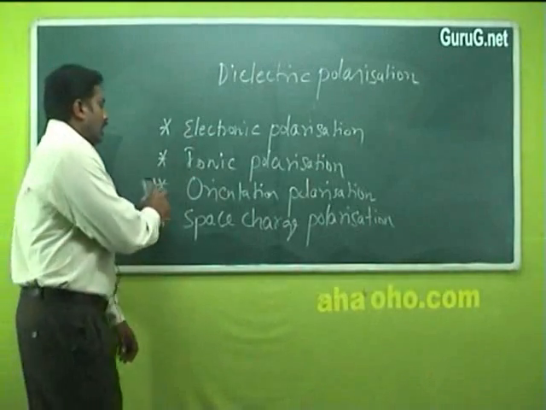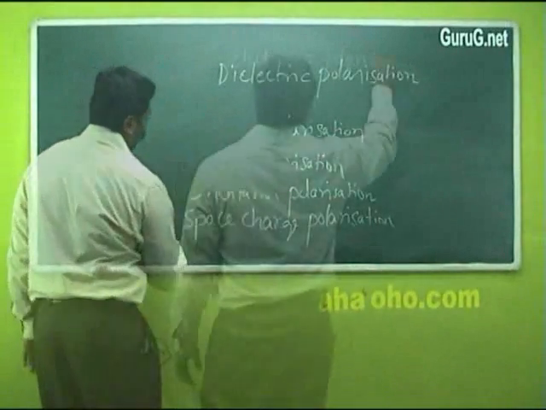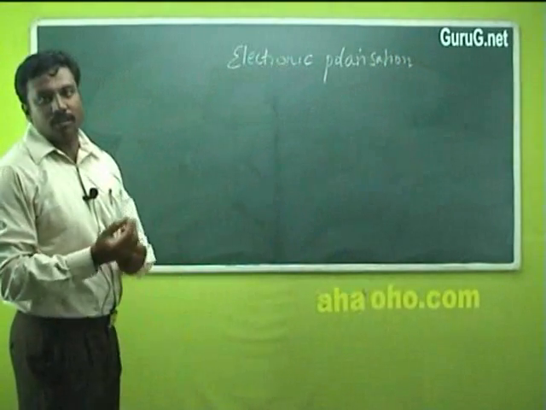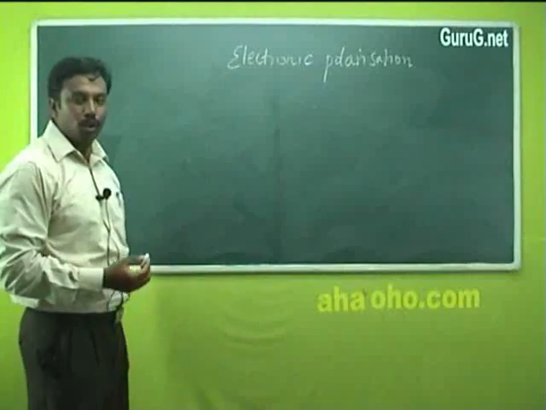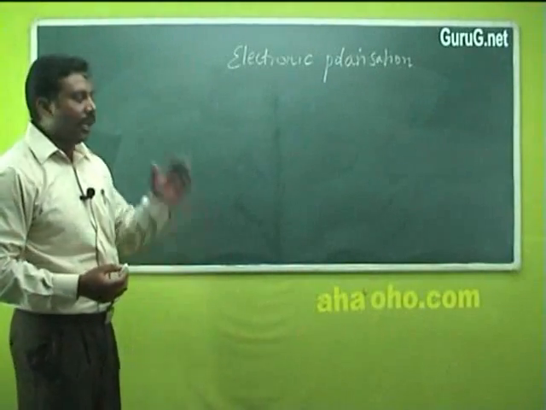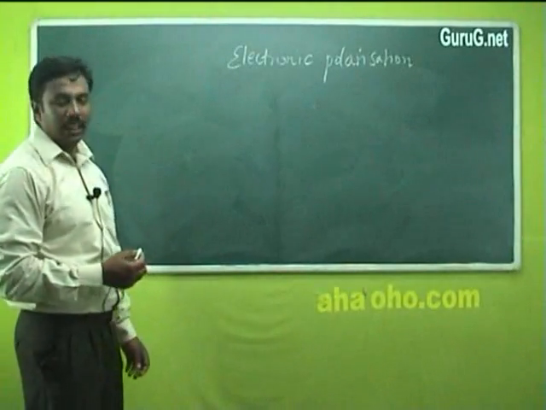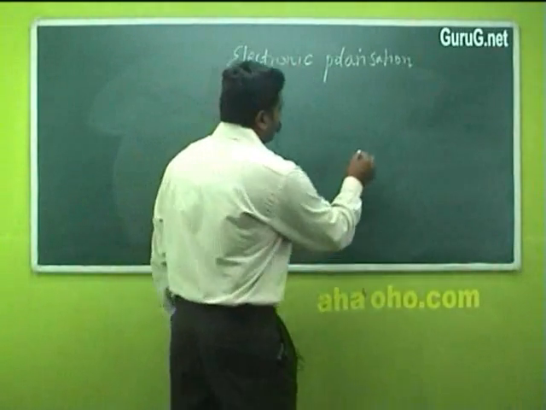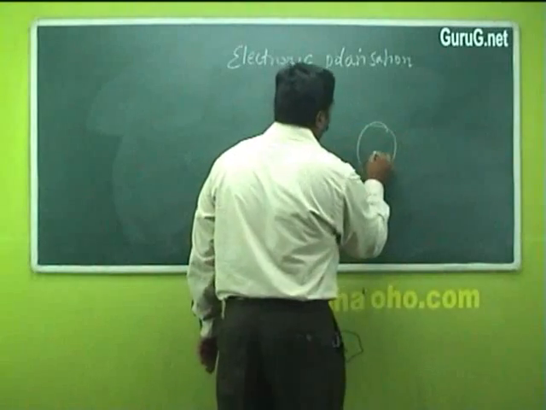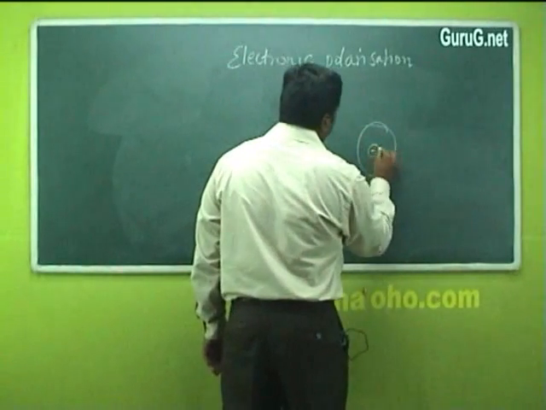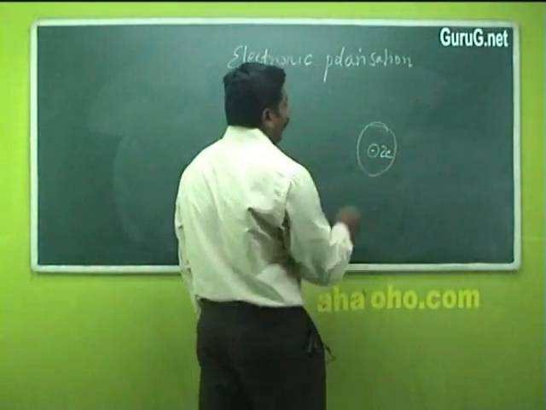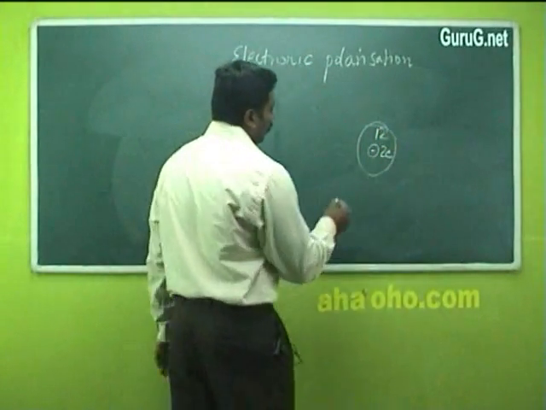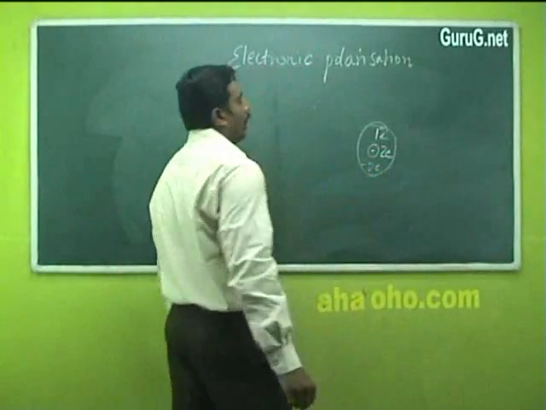First let us consider electronic polarization. Electronic polarization takes place between the positively charged nucleus and the negatively charged electrons. For this, let us consider a monoatomic atom. This is the positively charged nucleus, this is the radius of the sphere, and this is the negatively charged electron cloud.